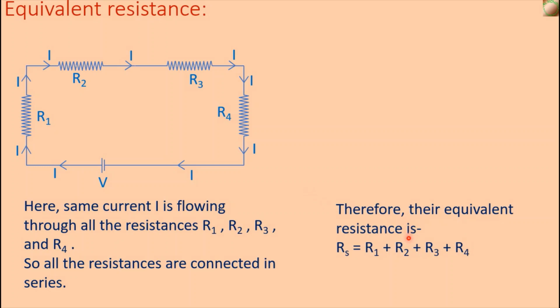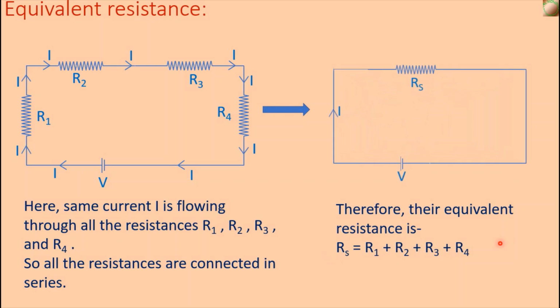Therefore their equivalent resistance is Rs = R1 + R2 + R3 + R4. We know in case of series circuit, the equivalent resistance is Rs = R1 + R2 + R3 + R4. Here 4 resistances are connected in series, therefore their equivalent resistance is this.